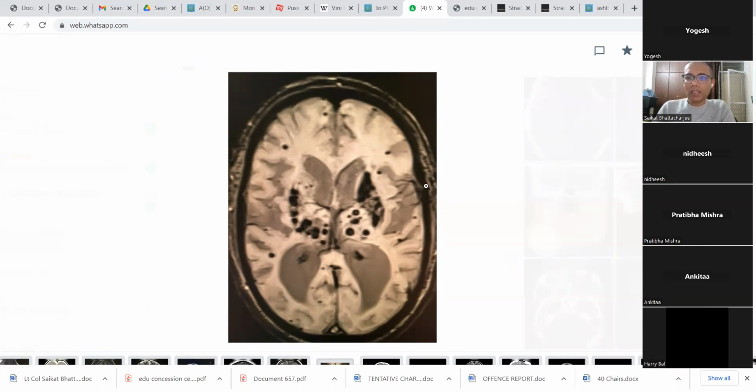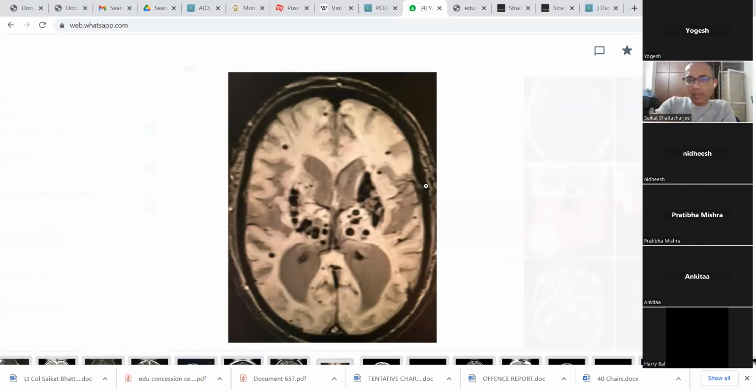Multiple calcified tuberculomas, granulomas. That is NCC or tuberculomas. Then, anything else? DAI. Excellent. Very nice. DAI. Anything else? Multiple hemorrhagic metastases. Okay. Yes.